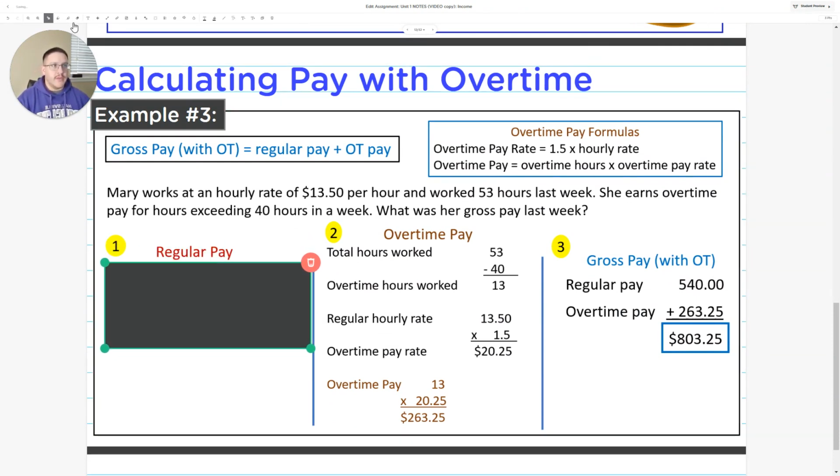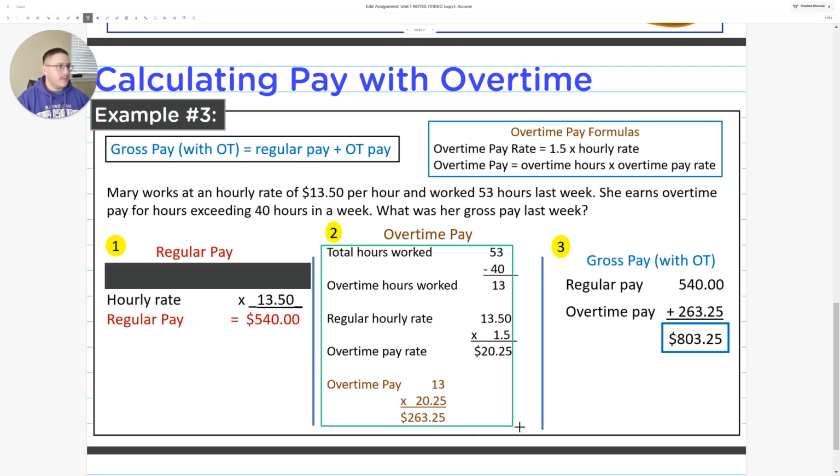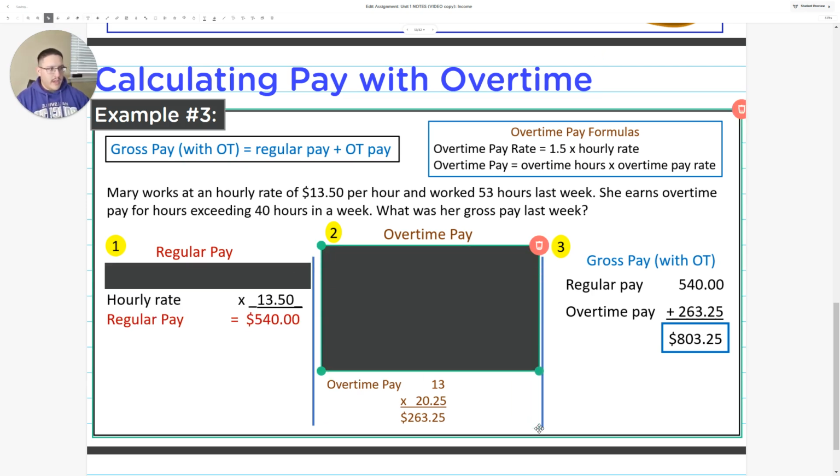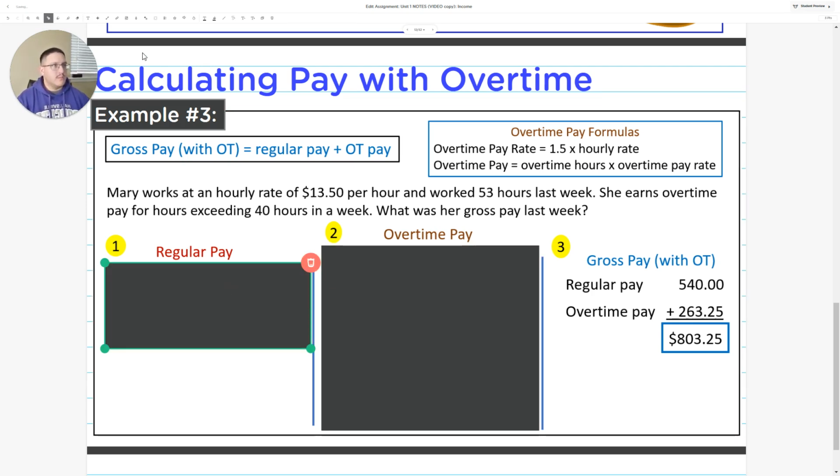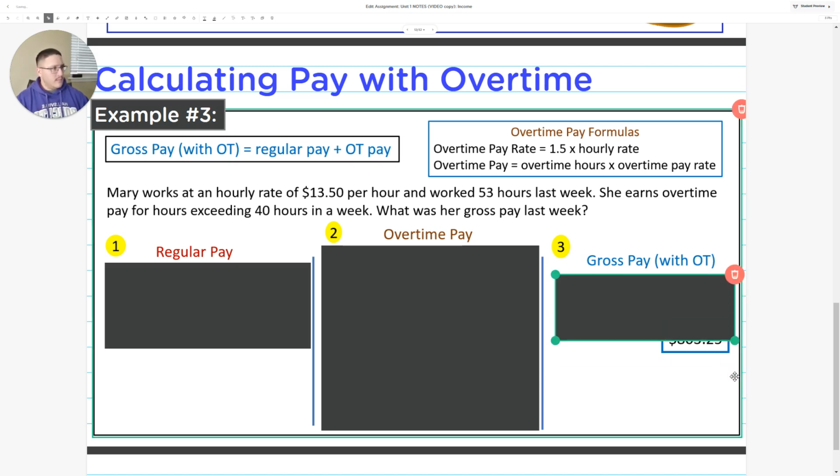Let me cover some of these up so that we can talk and explore as we go. All right, so I have the formulas right here above, but let's just look at the problem.